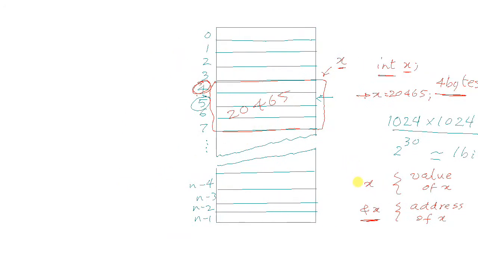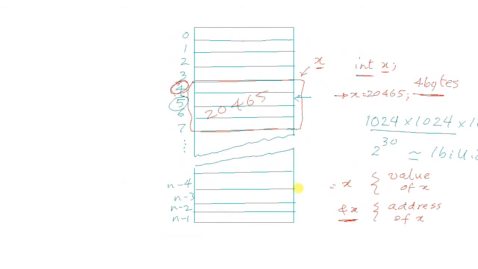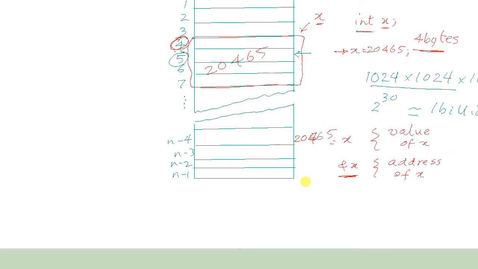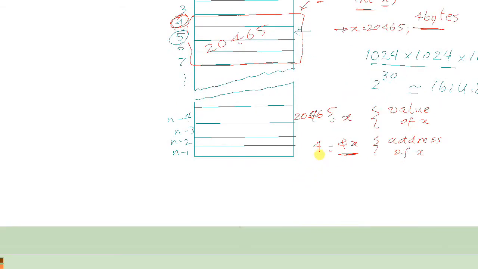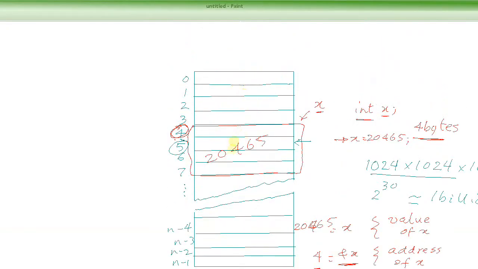So x is the value, 20,465, but ampersand x is the address of x, which in this example is 4. Usually addresses are very huge, not like 4, 5, 6, because the beginning of the memory is already filled up with special things.